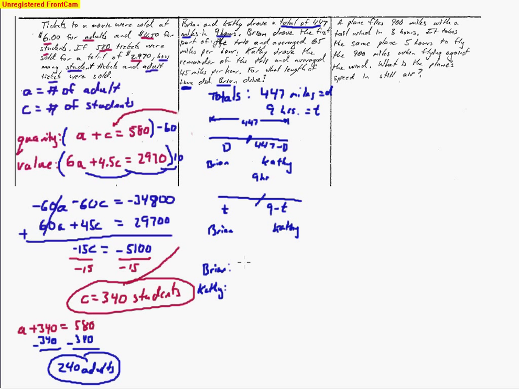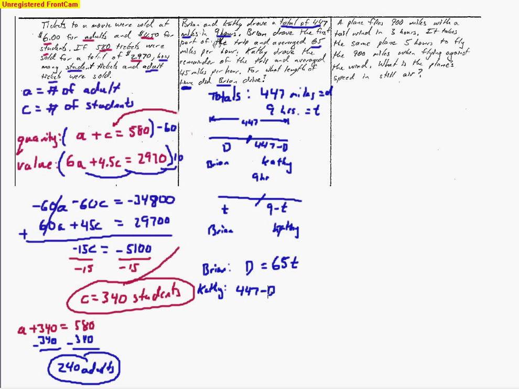So here's Brian's equation. Distance equals rate, which is Brian's rate, let's see, it's right up here. Brian drove the first part, averaged 65 miles an hour. So D equals 65 times T. All right, so that's Brian's equation. Kathy, well, she had 447 minus D, we said. That was her distance.